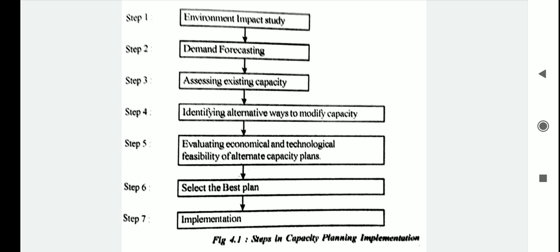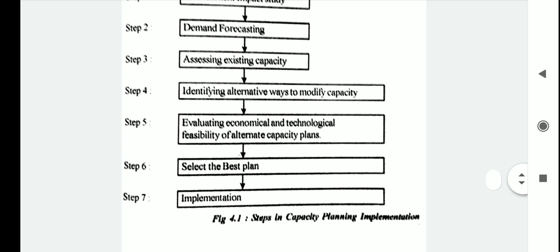Any project which is against ecology should not be pursued. The second step is demand forecasting. The capacity of the plant is basically decided on the demand forecast, so the forecasting has to be efficient since it holds the key to unlock the door of success.